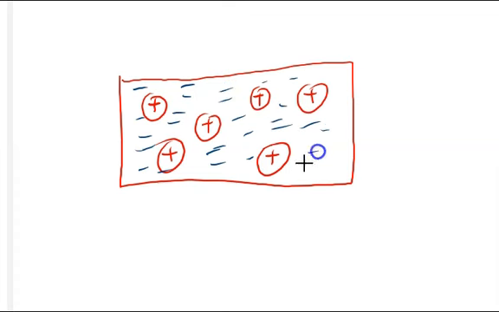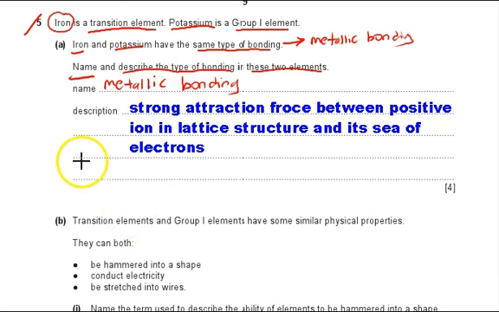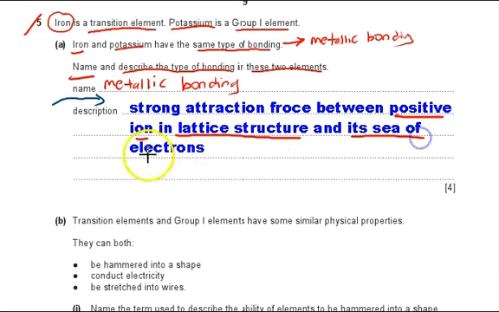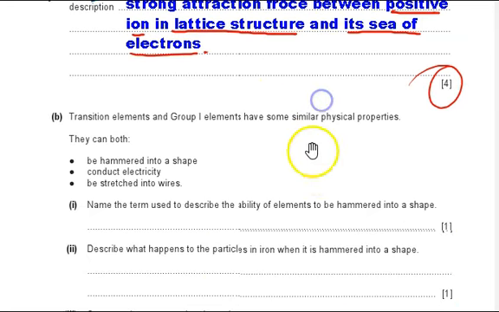This is the bonding that they form, a metallic bonding. So let me write it down for you. This is my explanation: a strong attraction force between a positive ion in lattice structure and its sea of electrons. This is the definition for metallic bonding, and here we have 4 marks. Now we move on with the next one.